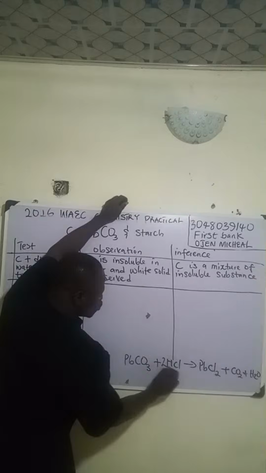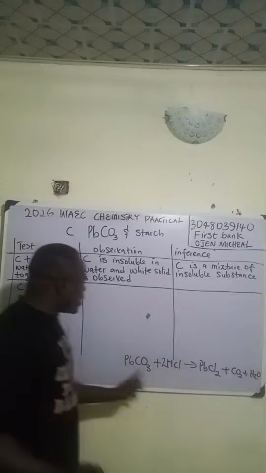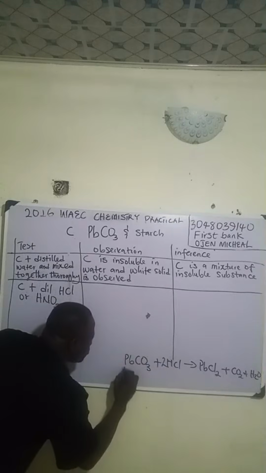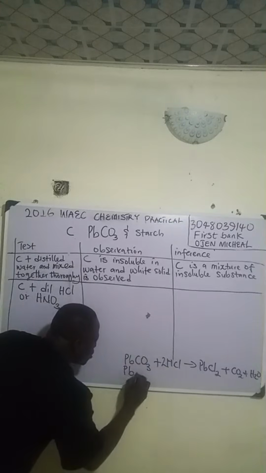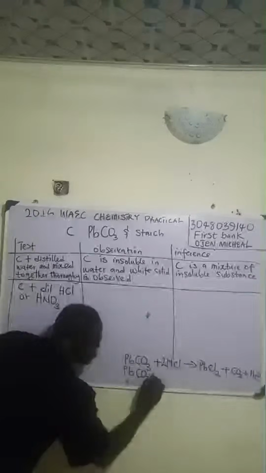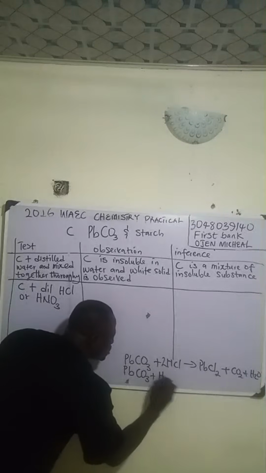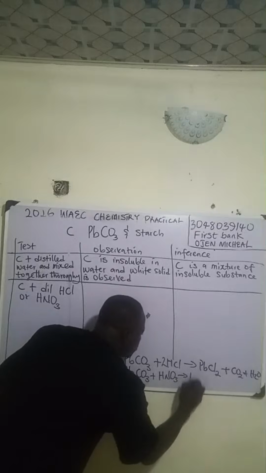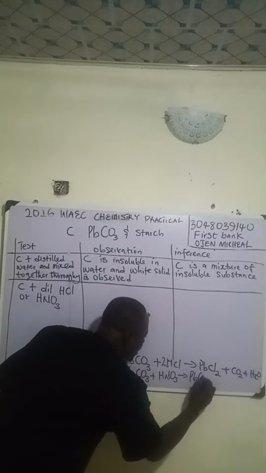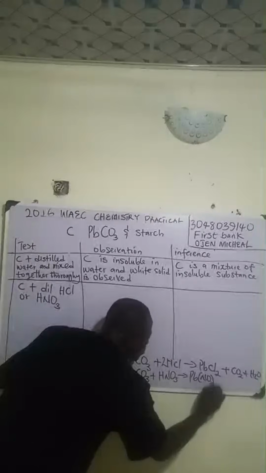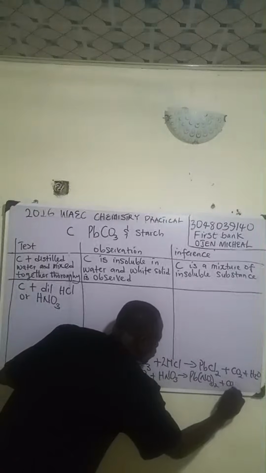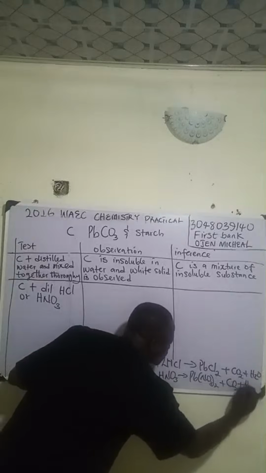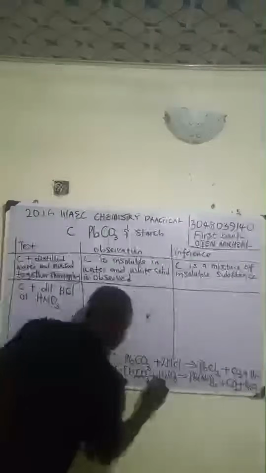If you react this one with HCl, that is what you get. Now, if you react PbCO3 with HNO3, it will give you Pb(NO3)2 plus CO2 plus H2O.